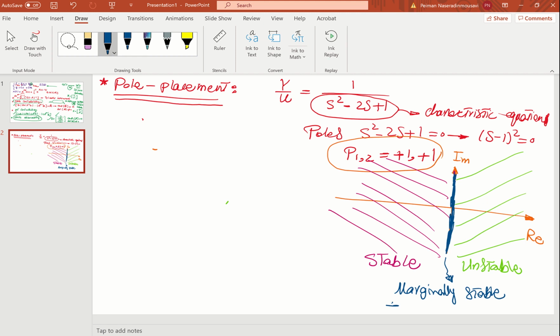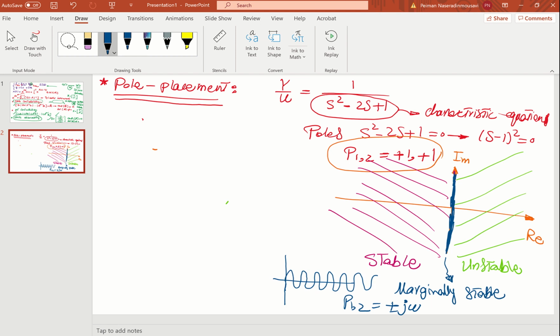If you have a pair of complex poles, P1 and P2, here on the imaginary axis, j omega, you're gonna have a marginally stable system. If you remember from vibration, a marginally stable system is gonna oscillate forever, like a pendulum. That's right.